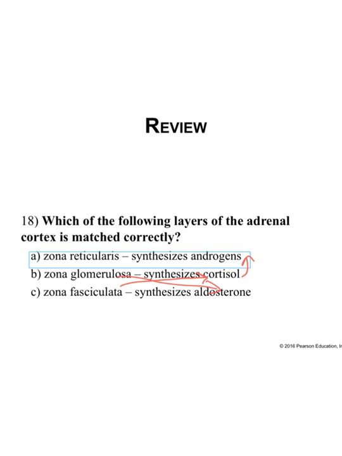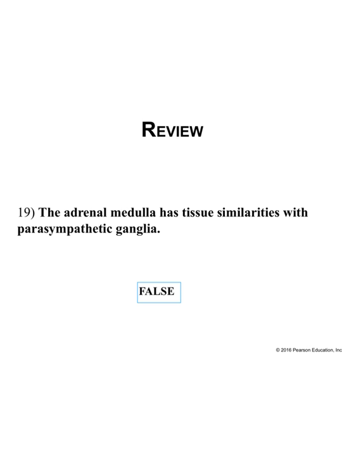So those two are mismatched. Okay, the adrenal medulla has tissue similarities with parasympathetic ganglion. That's false. It has similarities with sympathetic ganglion. Okay, remember the adrenal medulla releases epinephrine, which is a major neurotransmitter hormone of your sympathetic response.